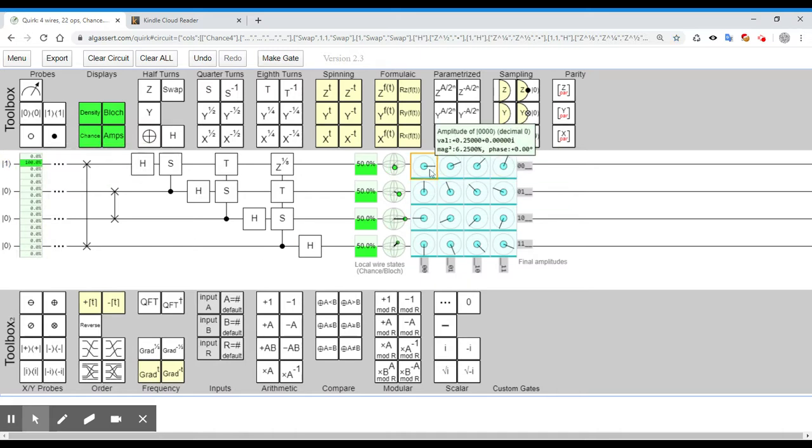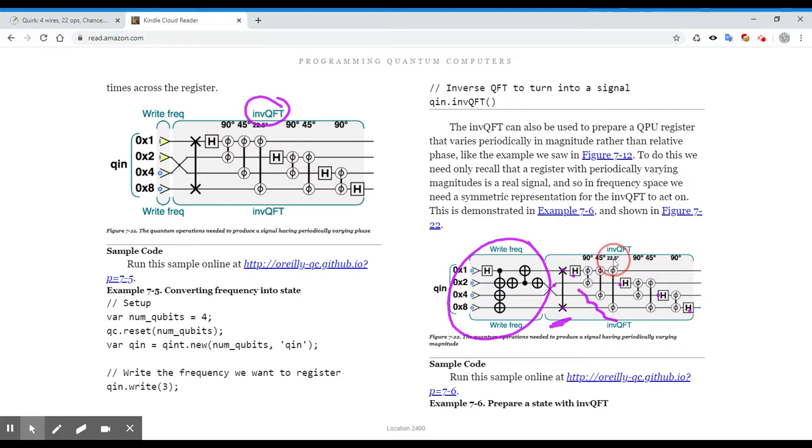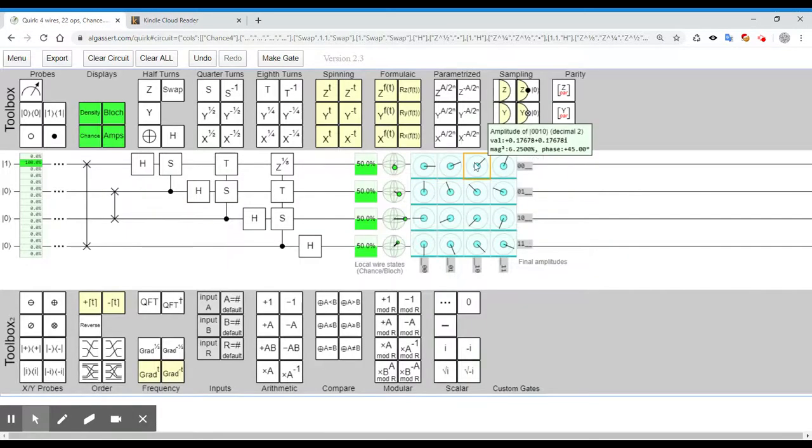You can see that in each of the different possible values, the phase is rotating. So here's 0 degrees, here's 22 and a half, and that's the 22 and a half that you can see in here as well. Here's 45 degrees, here's 67.5, here's 90 degrees, and it goes.